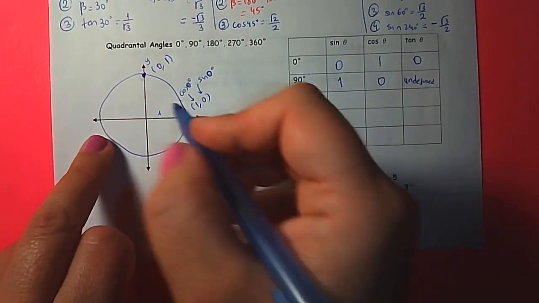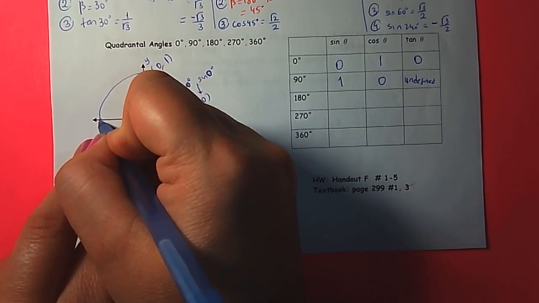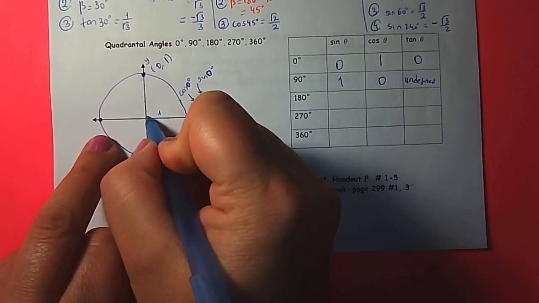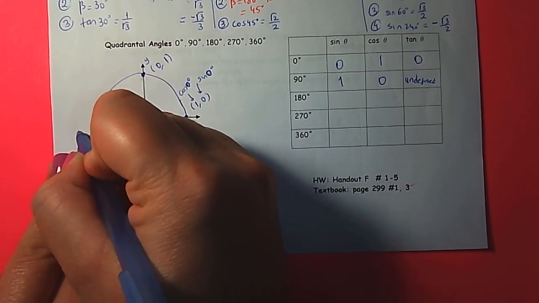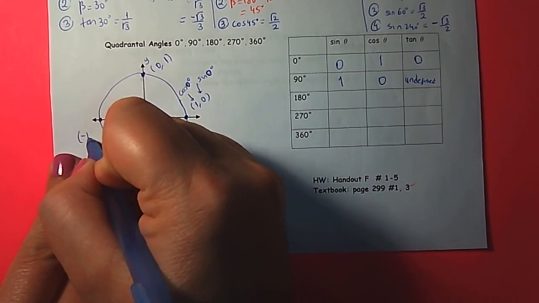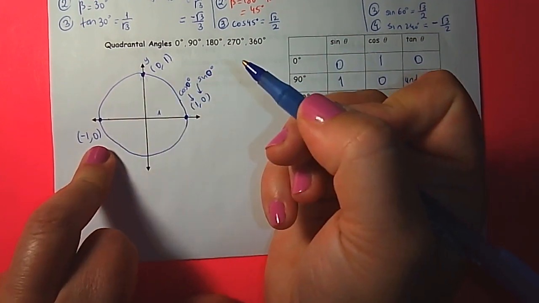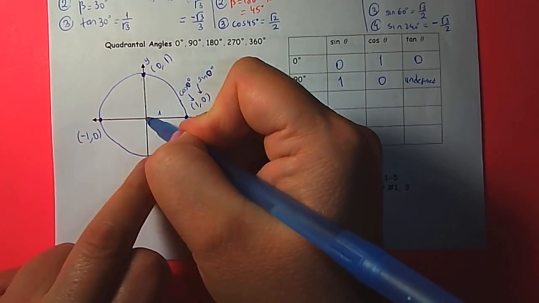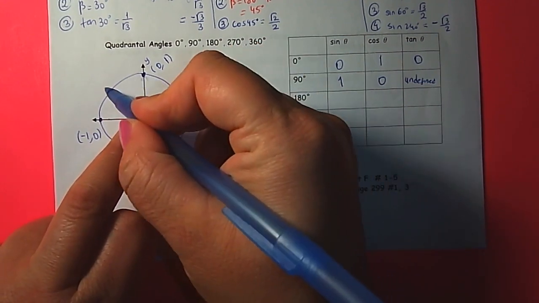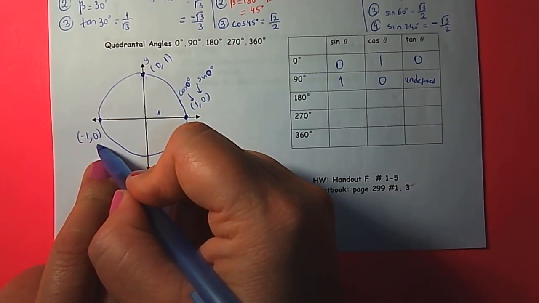So let's look at 180 degree. For 180 degree, the terminal arm lies on the negative x-axis. So what are the coordinates of that point? The x coordinate is negative 1 and the y coordinate is 0. Again, this is a unit circle, so the radius is 1 unit. So this is negative 1 and 0.